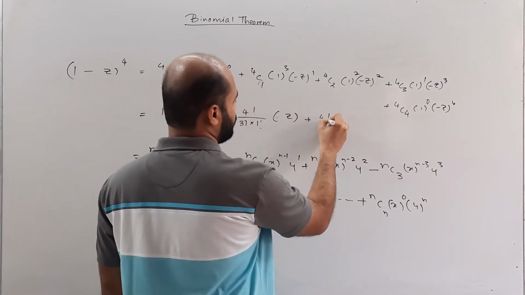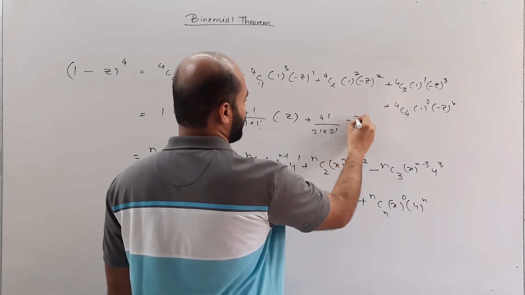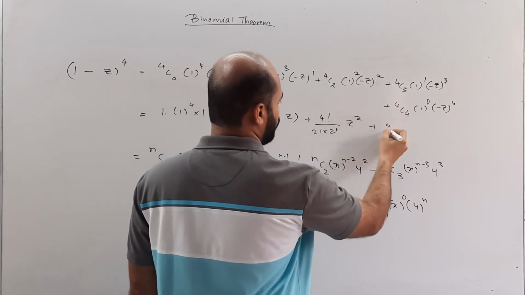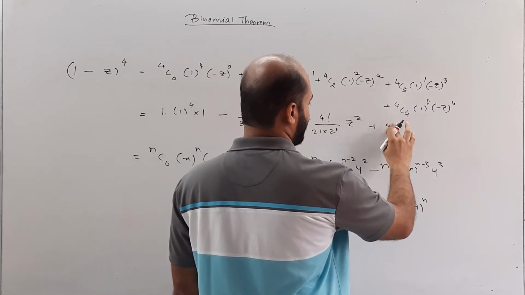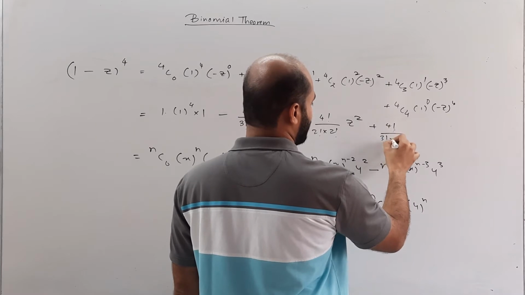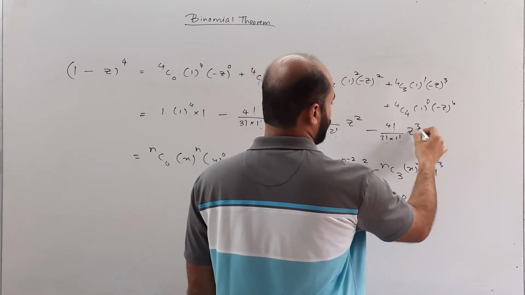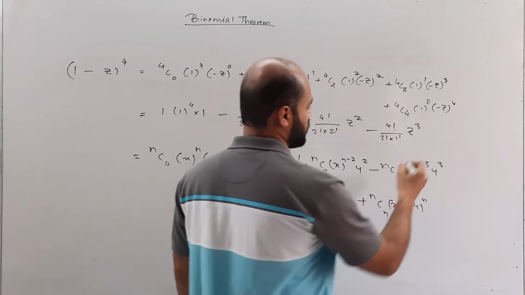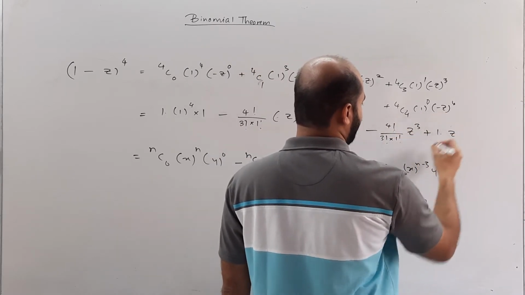This one is going to be 4 factorial by 2 factorial into 2 factorial, and this is going to be z square. 4 factorial, this is again going to be 4 factorial by 3 factorial into 1 factorial, and this is minus z cube. And lastly, this one, which is going to be 1 into z raised to 4.